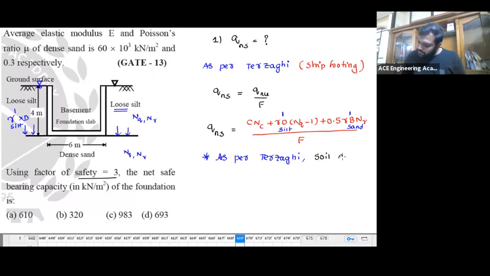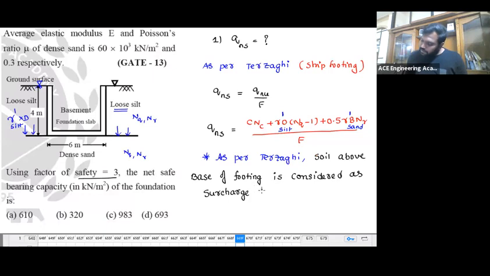So as per Terzaghi, soil above the base of footing is considered as surcharge and its resistance is neglected.